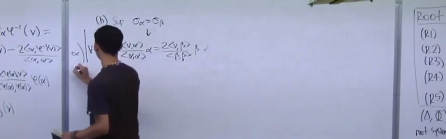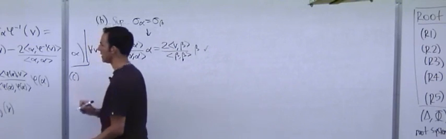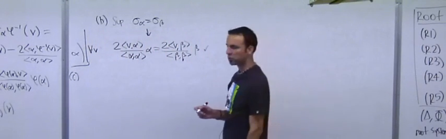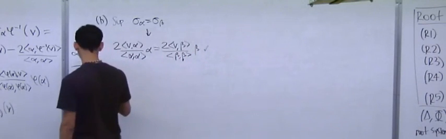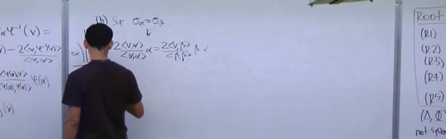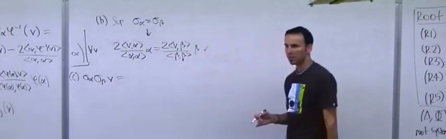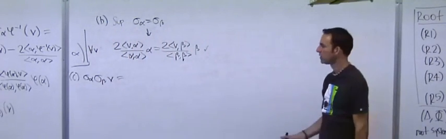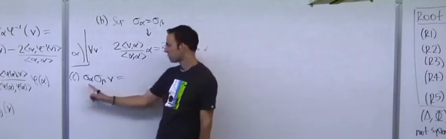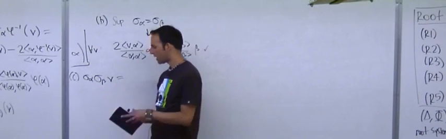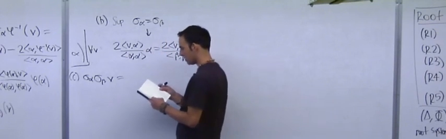And now let's prove C. Sigma alpha and sigma beta, when do those commute? Well, you could try to do something clever, or you could just compute, because you know exactly what sigma alpha does and what sigma beta does, and you can just plug in. Okay? And when you plug in, I'm going to tell you what you get.